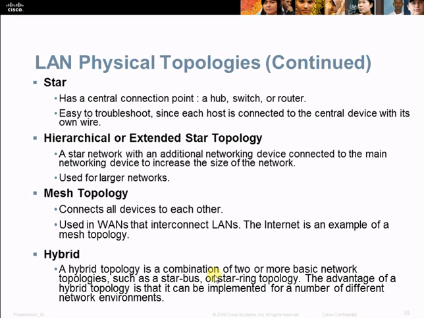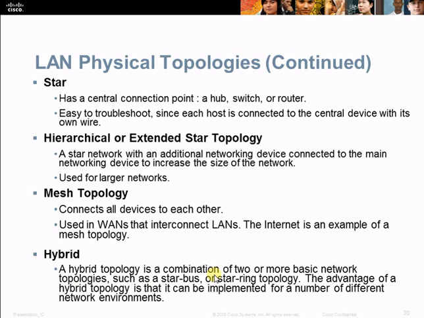And then we have a mesh topology, which is connecting multiple devices together, with multiple connections to different stars or different devices on the network. The one that we think of most as the internet is an example of mesh topology.